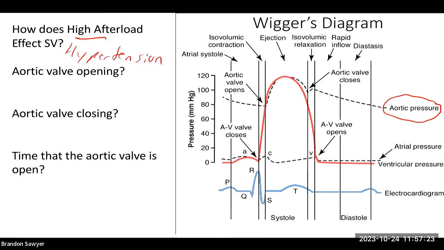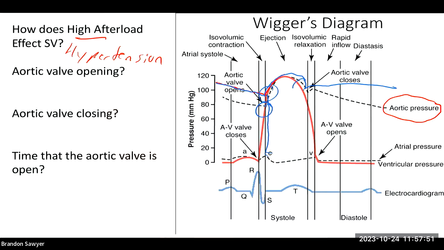Right? When you've got high blood pressure, that changes the line to something like this. So we open up our aortic valve a little bit later, because instead of it opening here, it's opening here now.